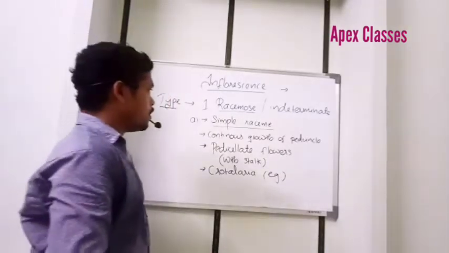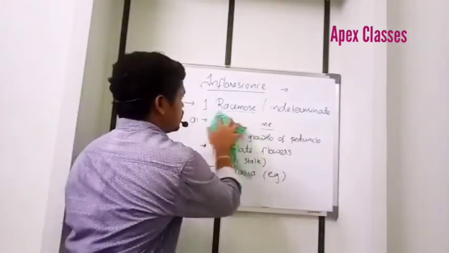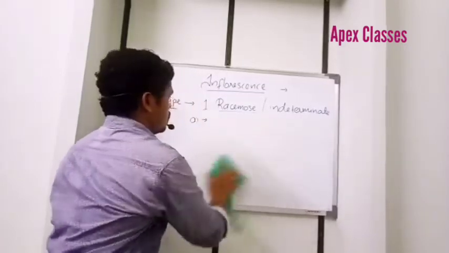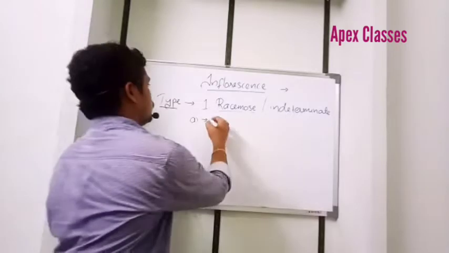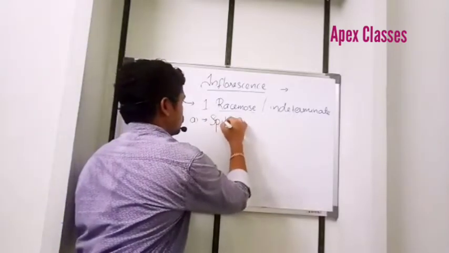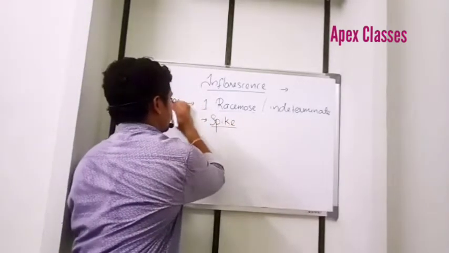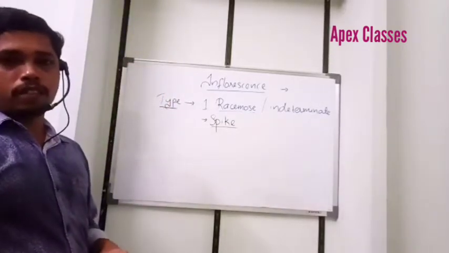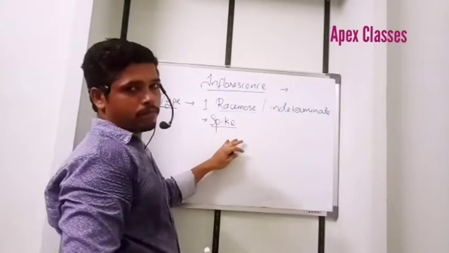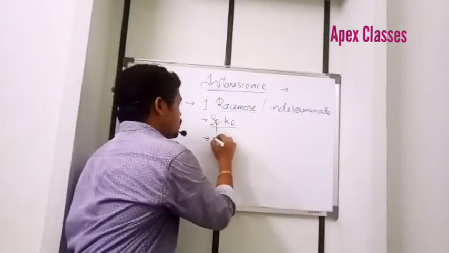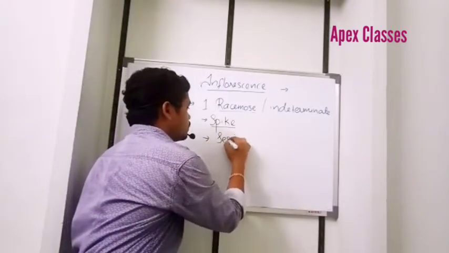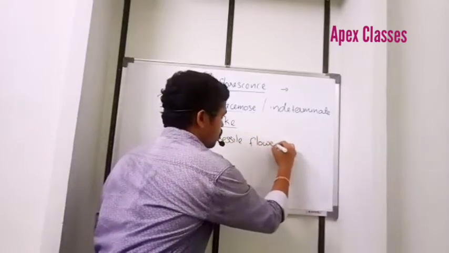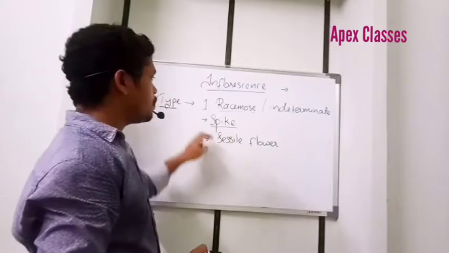Then the second type is spike. It is similar to raceme, but the difference is that the flowers are sessile. All other characters are the same as those of simple raceme.